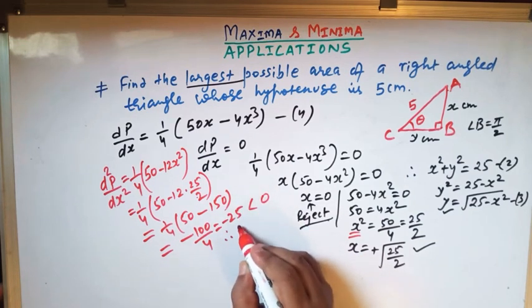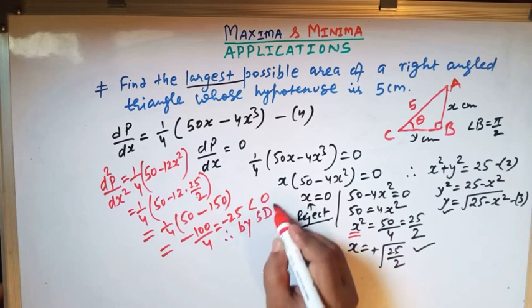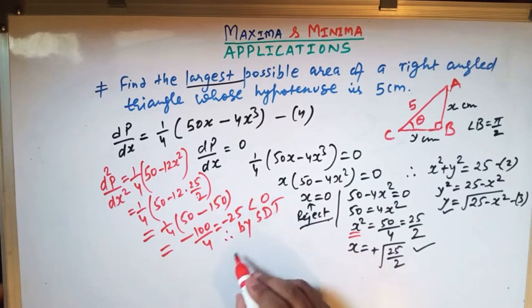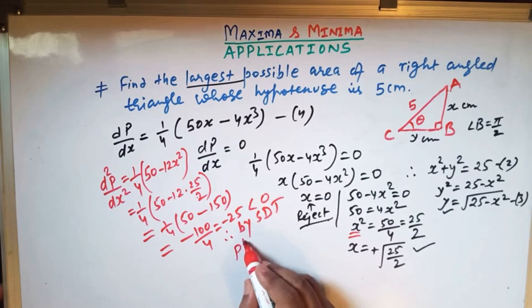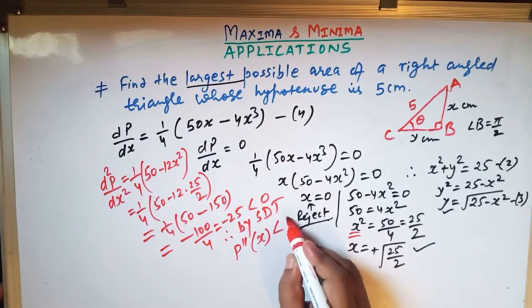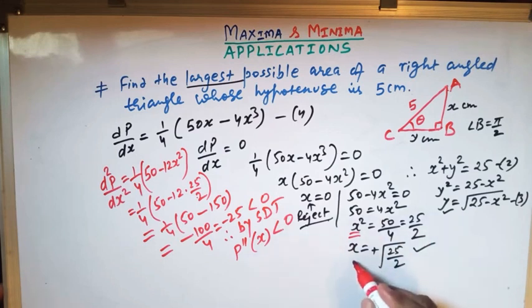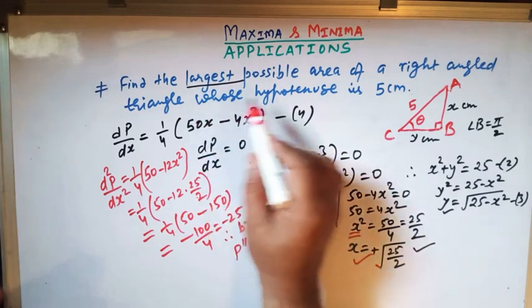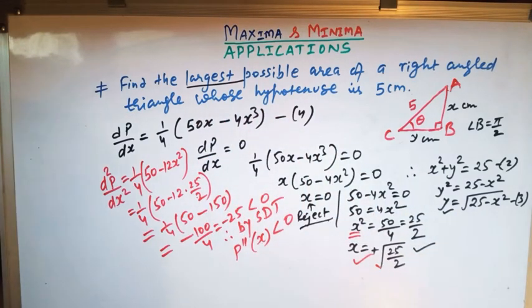So therefore, by the second derivative test, we see that P double prime of x is less than 0 at x equal to square root of 25 by 2. So at x equal to square root of 25 by 2, this area is maximum.